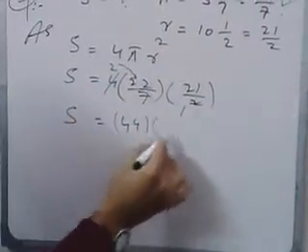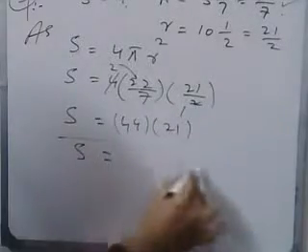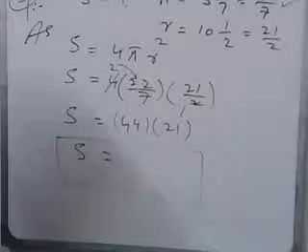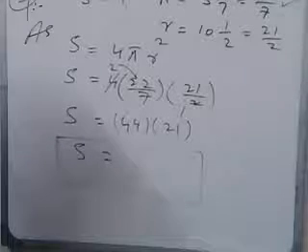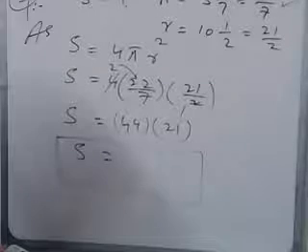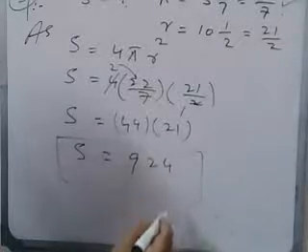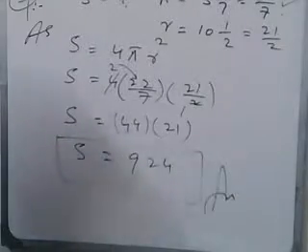Now 2 multiplied with this one, you will get 44, and here is 21. So by simple multiplication you will get the result, that is 924. So here is your result.